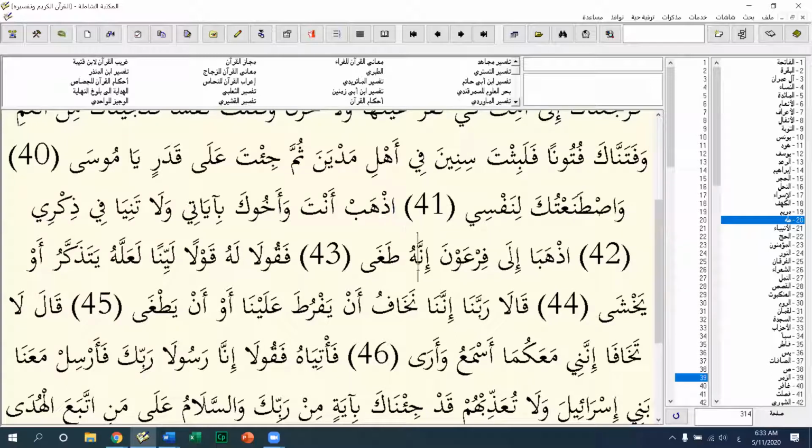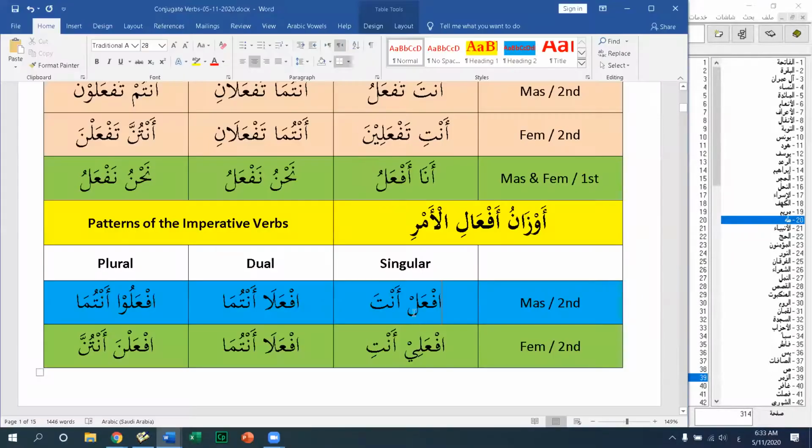How do you know what vowel to use? That's what I'm going to teach you now. So when you look at if'al, the way you tell which vowel to put on the hamza is there are two vowels, dhamma or kasra.